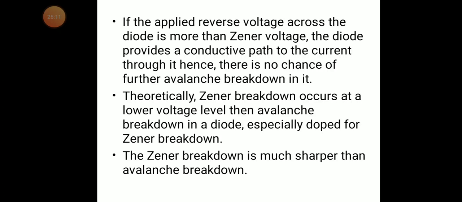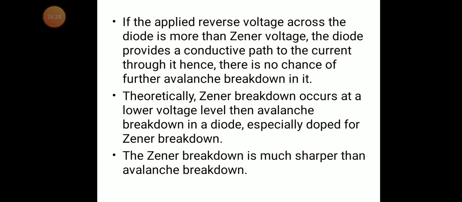Hence, there is no chance of further avalanche breakdown in it. The meaning is, after it enters the conductive mode, the carriers don't accumulate at the depletion layer. They will conduct. They will pass through the junction and move towards the conducting path.